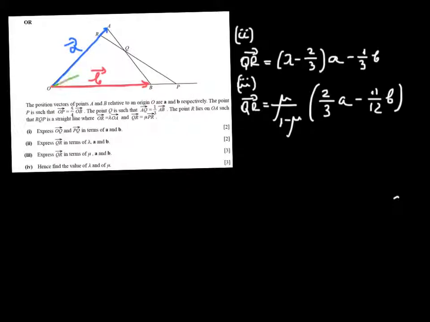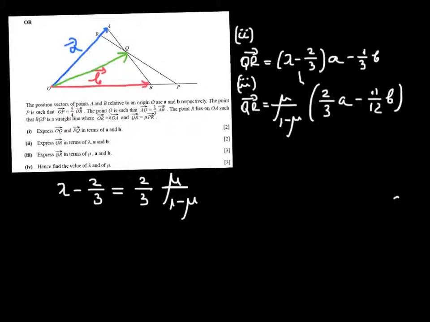So QR can be uniquely decomposed onto the given vectors. You can write it in just one way in terms of A and B. Therefore, these two representations must be the same, right? And they are the same if the coefficients of A in both are equal and the coefficients of B are equal. So from here, you have the equations: lambda minus 2/3, which is the coefficient of A in the first equation, equals 2/3 times mu over 1 minus mu.